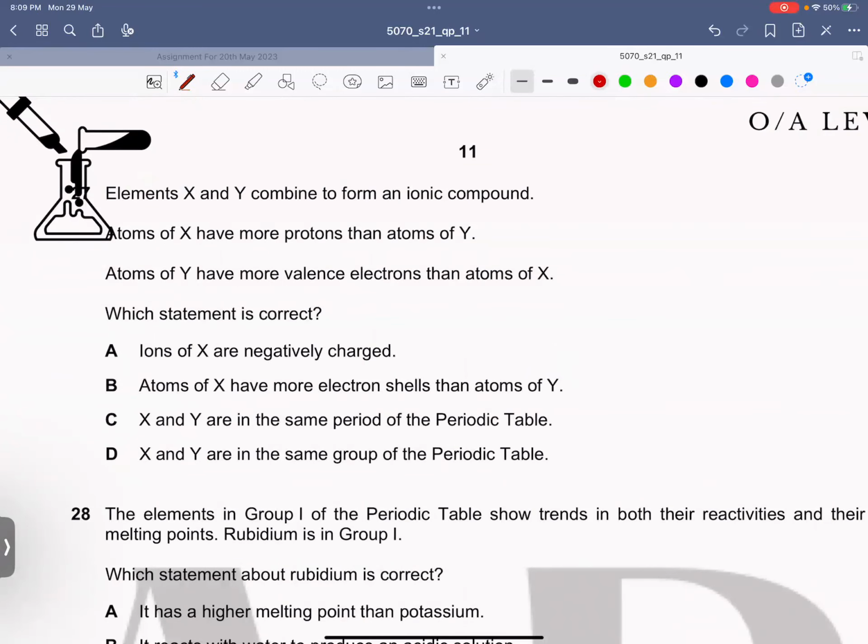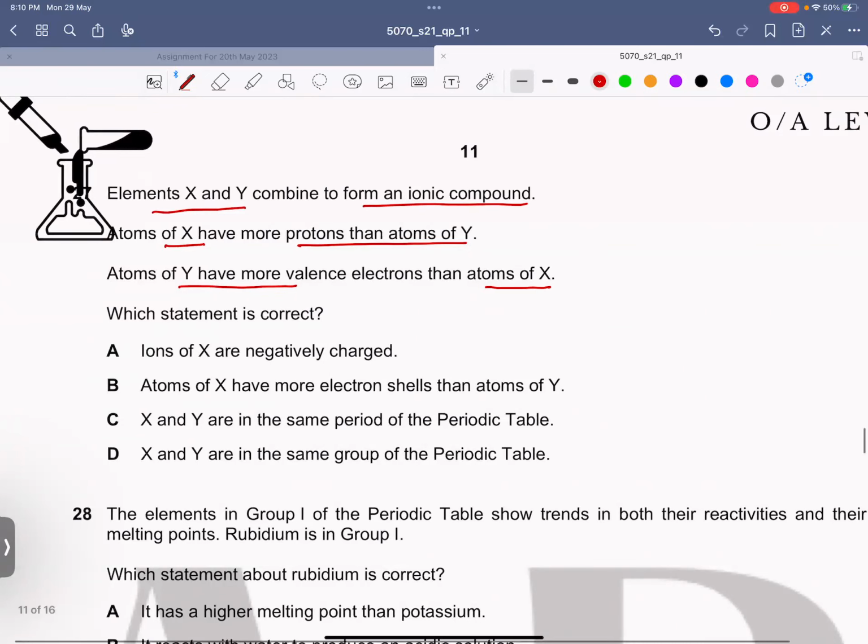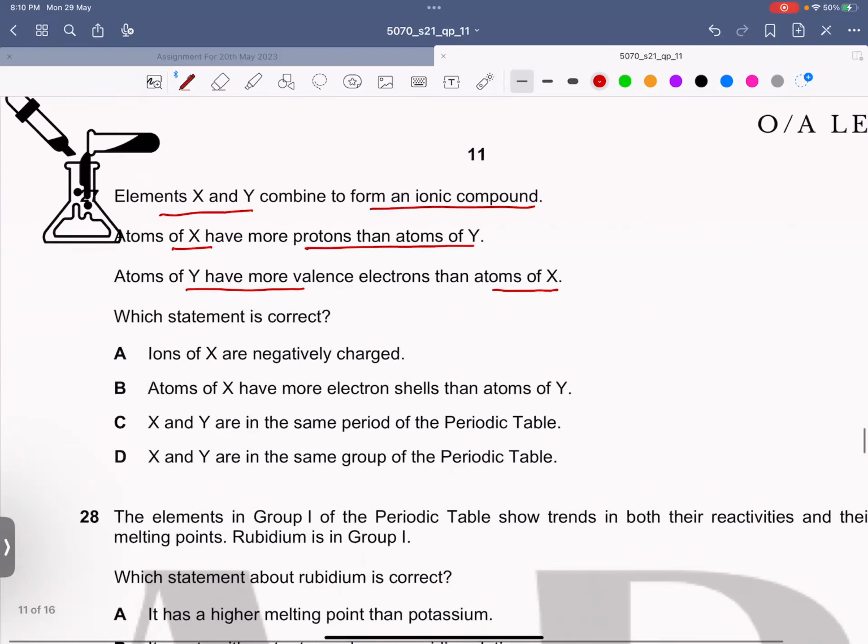Elements X and Y combine to form an ionic compound. An atom of X has more protons than atoms of Y. Atom Y has more valence electrons than X. If they are saying that Y has more valence electrons, it means Y would be a negative ion, or Y is basically a non-metal.